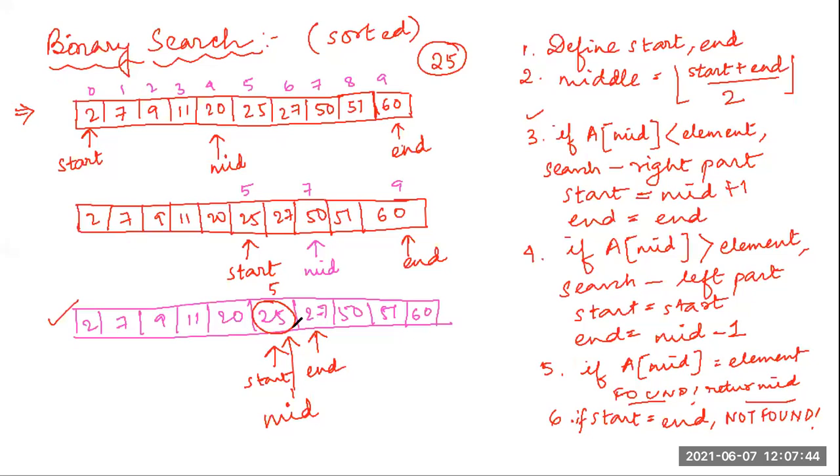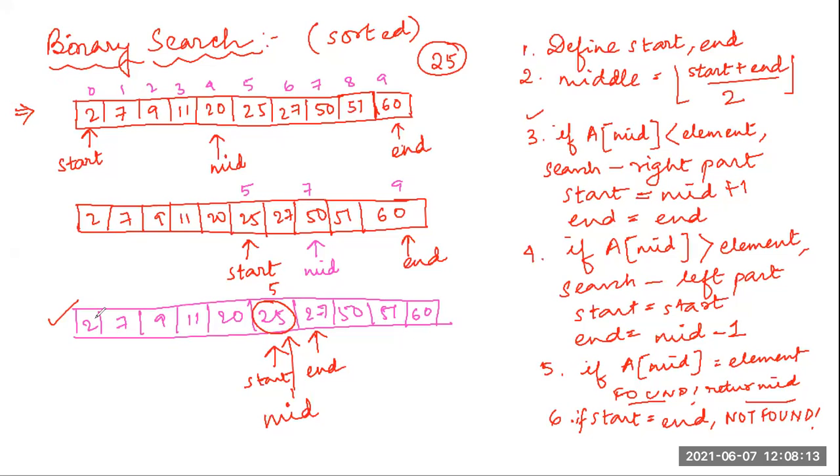Here what happened? Your start is pointing at 25 and your end is pointing at 27. If you are not able to find the element, a time will come when your start and end will point at the same element, be it anywhere in your array, whatever it is. By updating and updating, my start and end are pointing at the same element.